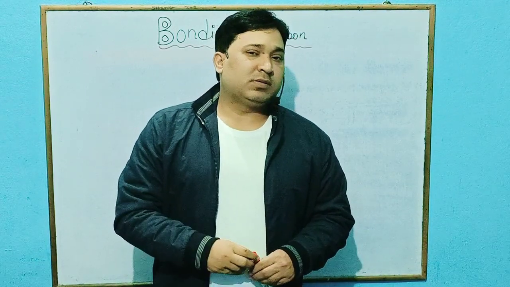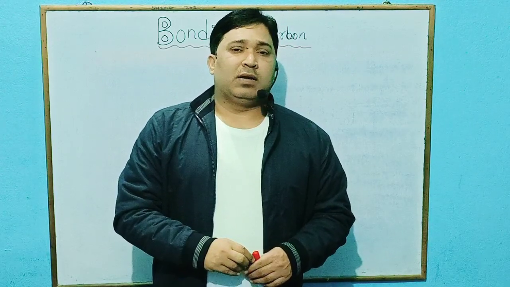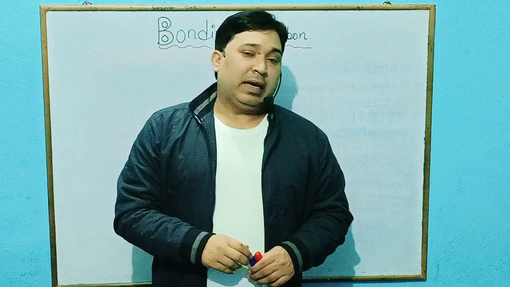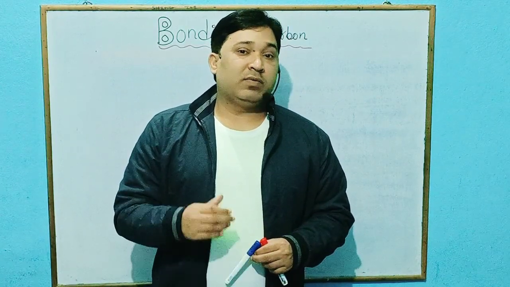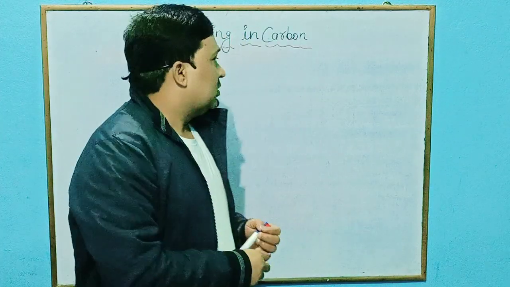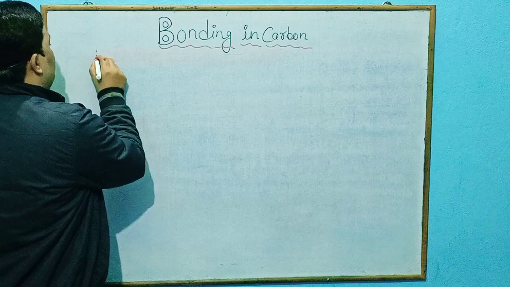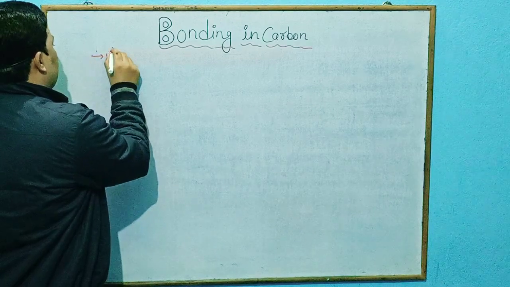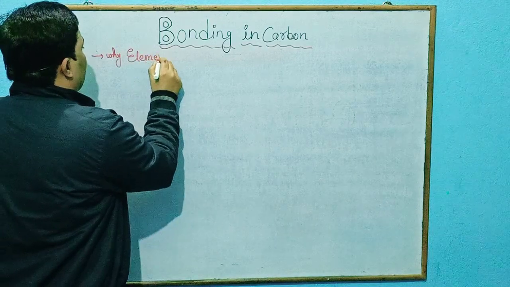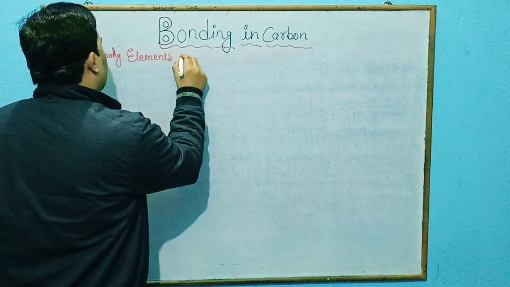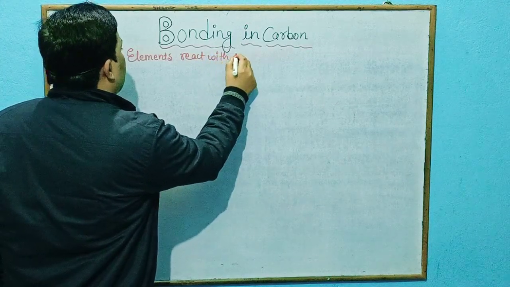But before we start understanding about the bonding in carbon, let us try and understand why elements react with each other. What is the reason why they react with each other? So we will begin the class with this question: why do elements react with each other?